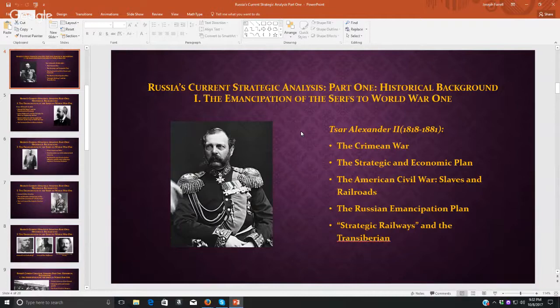Now, the result of the Crimean War is very interesting because Russia, when the war begins, is still under a feudal system. In other words, for everybody else, the modern era, the industrial era has already begun. But in Russia, you still have a feudal type of agrarian economy still in existence.